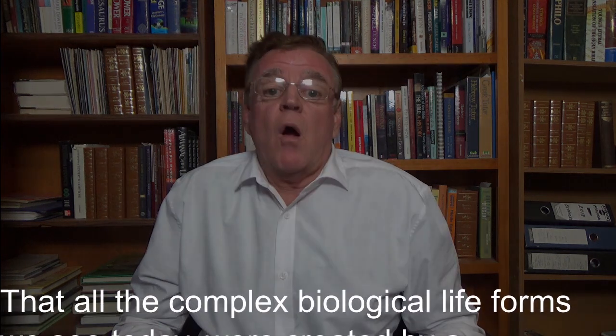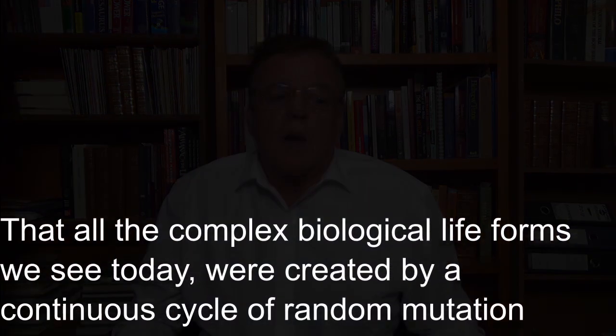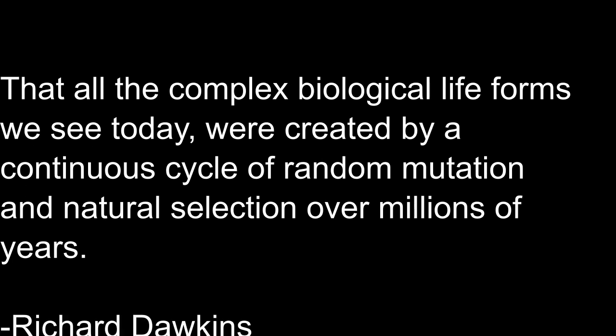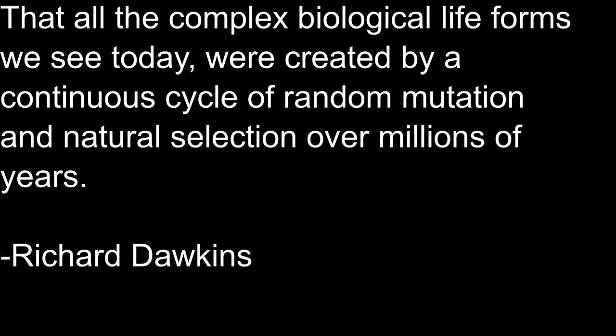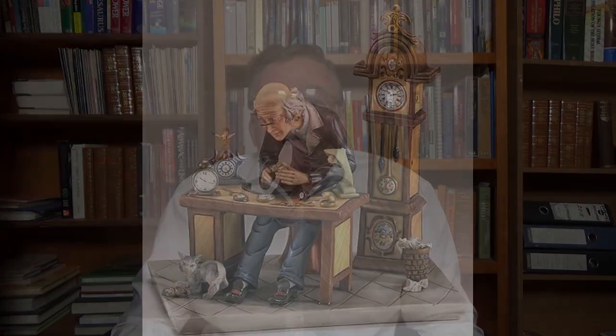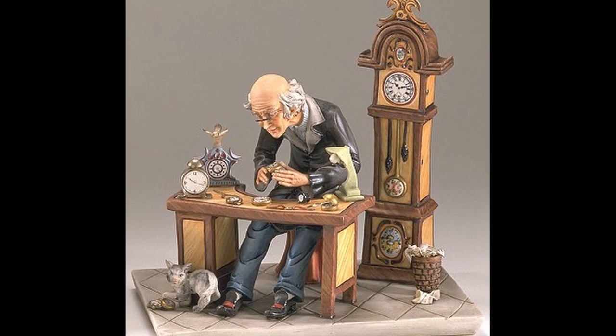And the hypothesis is that all of the complex biological life forms we see today were created by a continuous cycle of random mutation and natural selection over millions of years. And he calls this supposed creative mechanism the Blind Watchmaker.